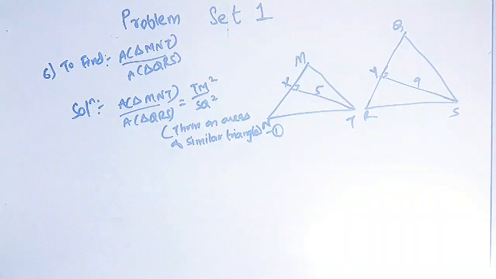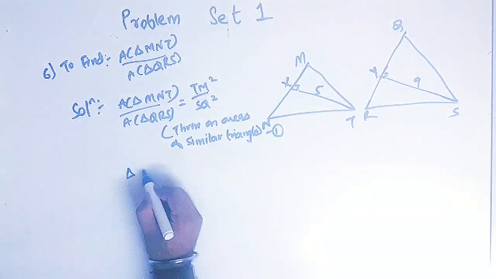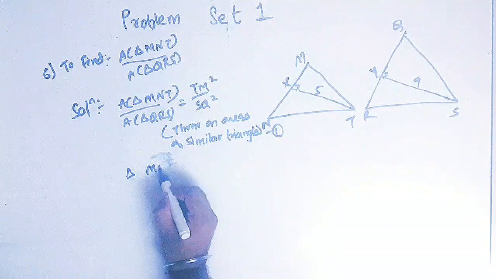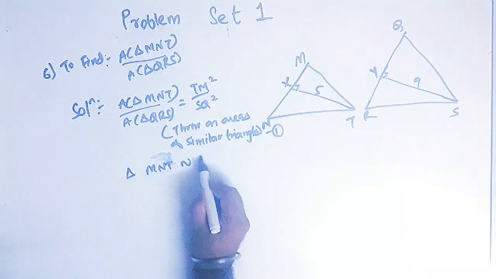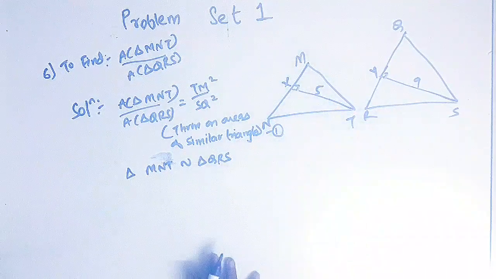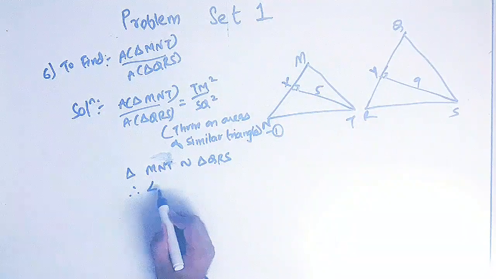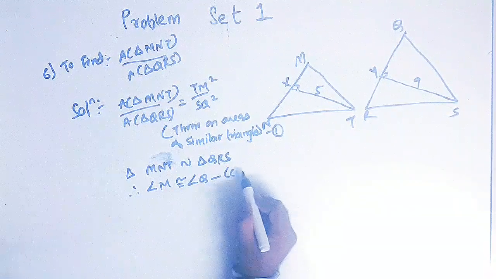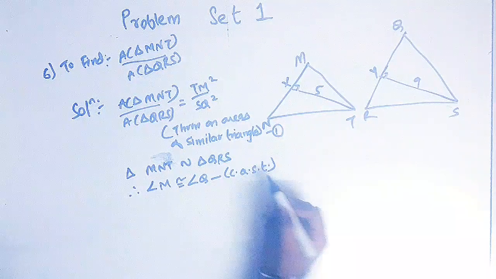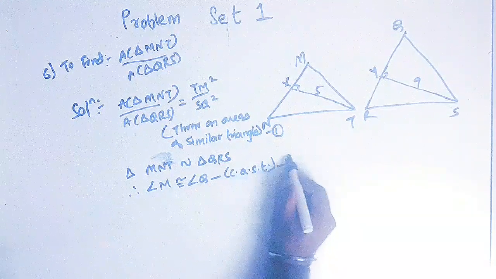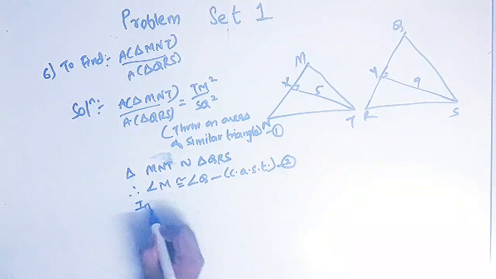How are we going to take this? See, because they have given that triangle MNT is similar to triangle QRS. I can write therefore angle M is also congruent to angle Q. This is called CASTC, corresponding angles of similar triangles. Now I'll use this point in proving these two triangles similar.